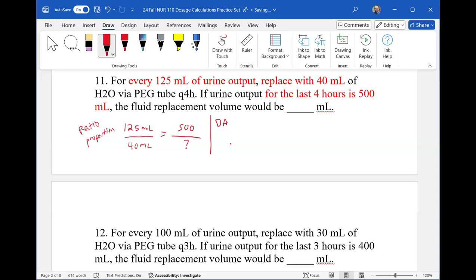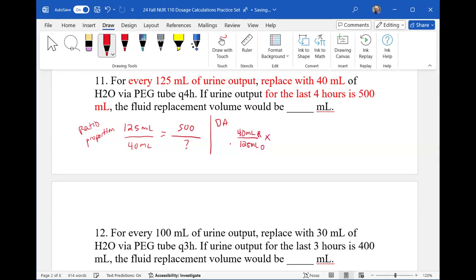What I want is, if my original output was 40, I want to make the comparison where my original ratio was, so this is my replacement. I'll just put a big R there. And this is my output.